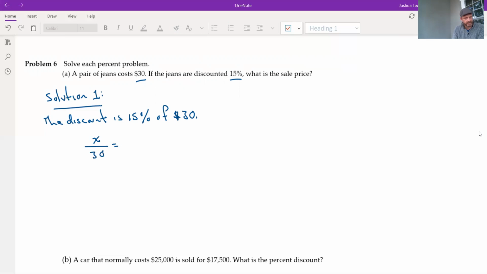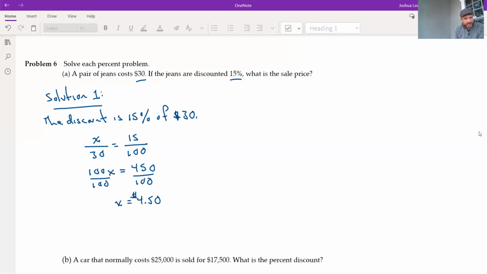Because that's the is over of, equals percent, 15 over 100. Cross multiply. 15 times 30 is 450. Divide both sides by 100, and you get 4.5 or $4.50.